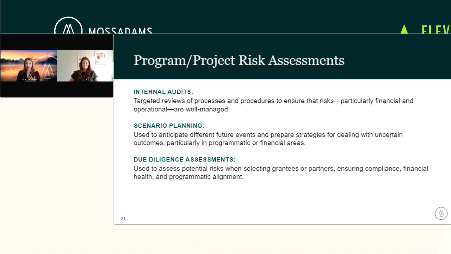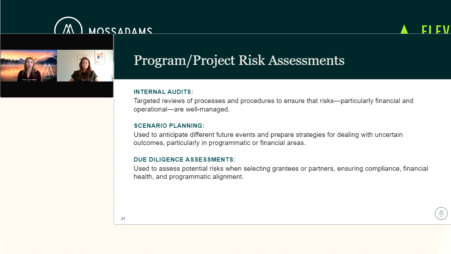So first we have internal audits. These can be used as targeted reviews of our processes and our procedures to make sure that risks, particularly financial and operational risks, are being well managed. And these audits provide an objective evaluation of internal controls, of performance, of different ways of doing things to be able to help identify where we have weaknesses and where we have opportunities for improvement.